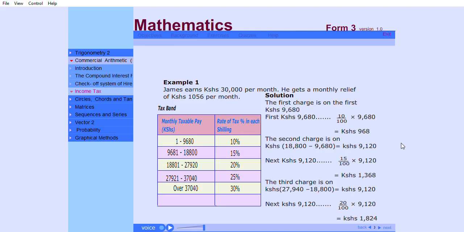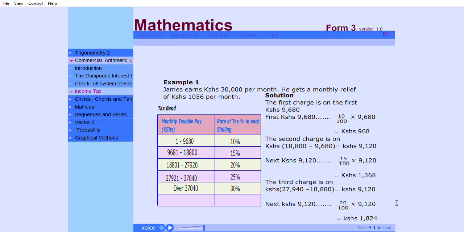The second charge is on 18,800 Kenya shillings minus 9,680 Kenya shillings, which is equal to 9,120 Kenya shillings. Next, 9,120 Kenya shillings calculated as 15 over 100 multiplied by 9,120, which gives us 1,368.